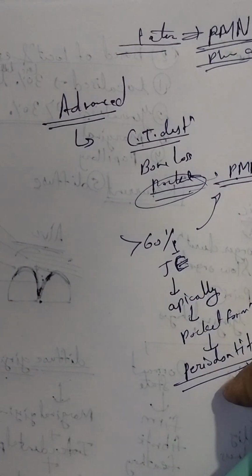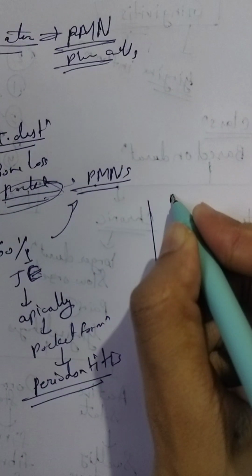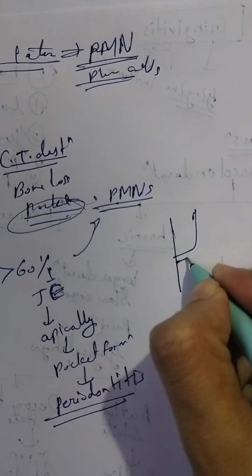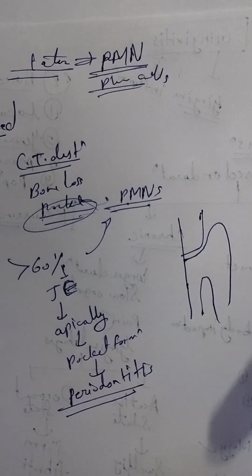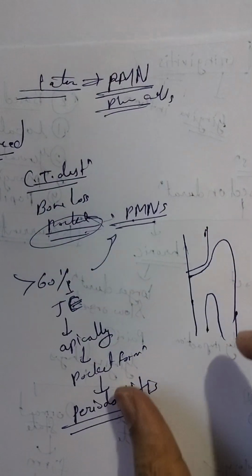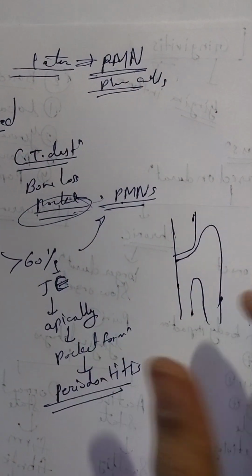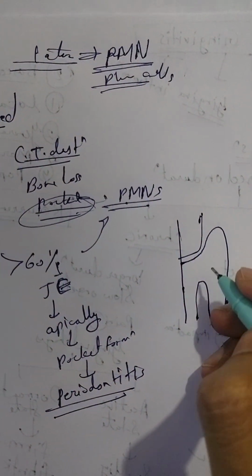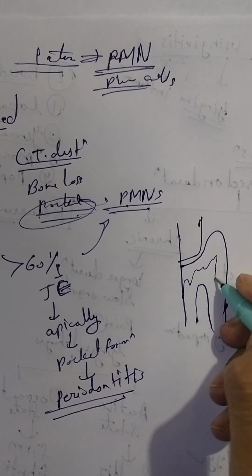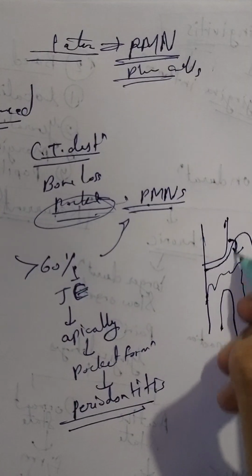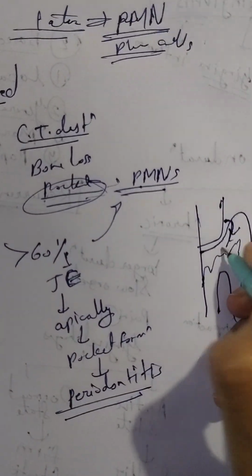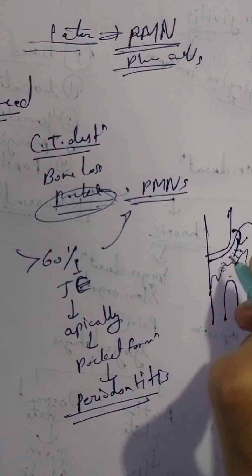And it further leads to a periodontitis case. So here is our tooth. This is the gingival sulcus and alveolar bone. This is the normal tooth anatomy. Here the epithelium is present, bacteria attack, causing an increase in neutrophil production.